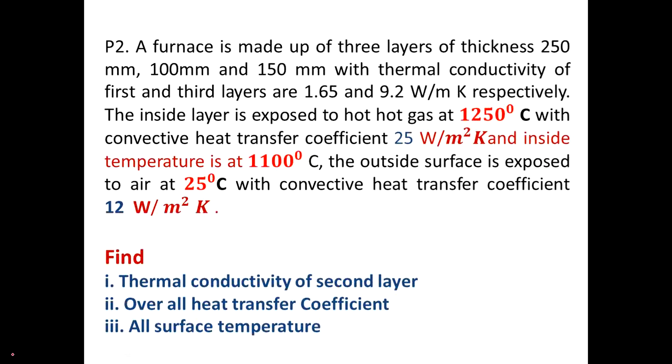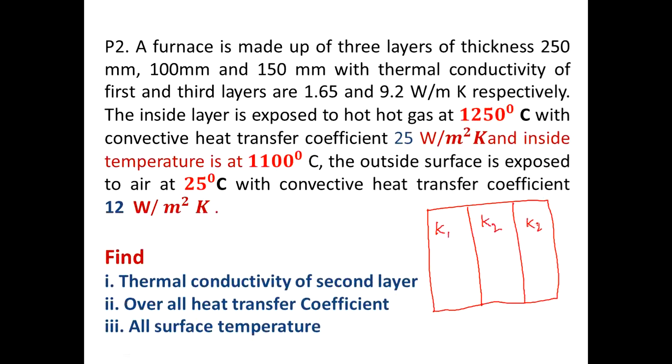Let me explain how the problem will run here. It is having the 3 layers K1, K2 and K3. Very important thing is that K1 is given, K2 is not given. At the same time HI is given, TI is given.